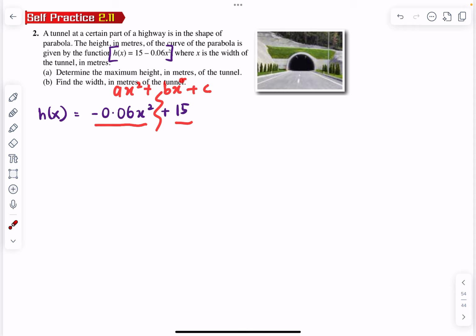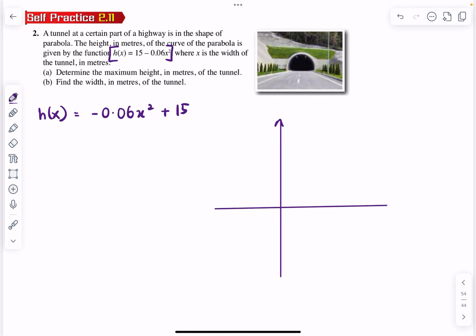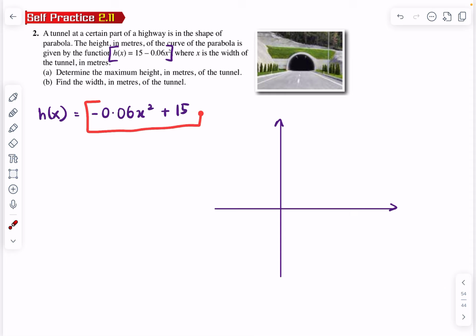If there is no bx, that means your graph is just going to be like this. It will be symmetrical along here. It's not going to move left or right.